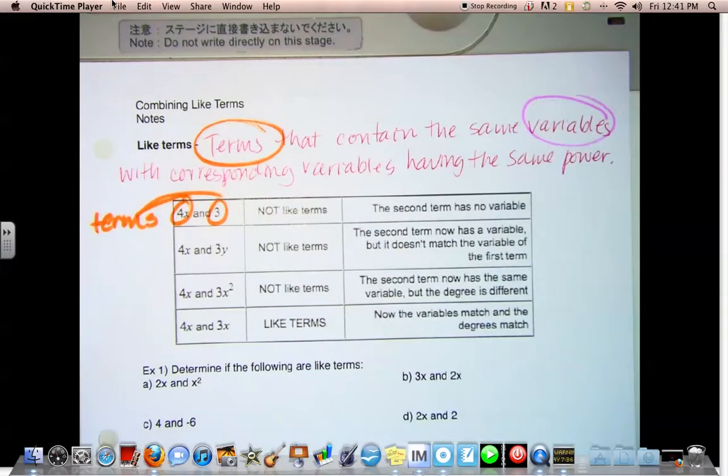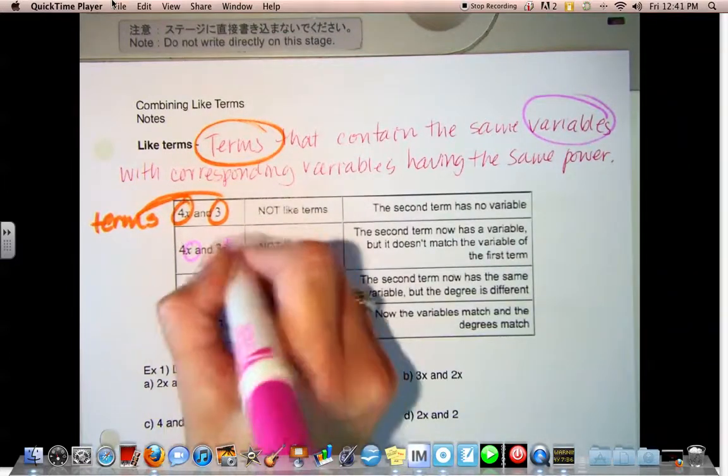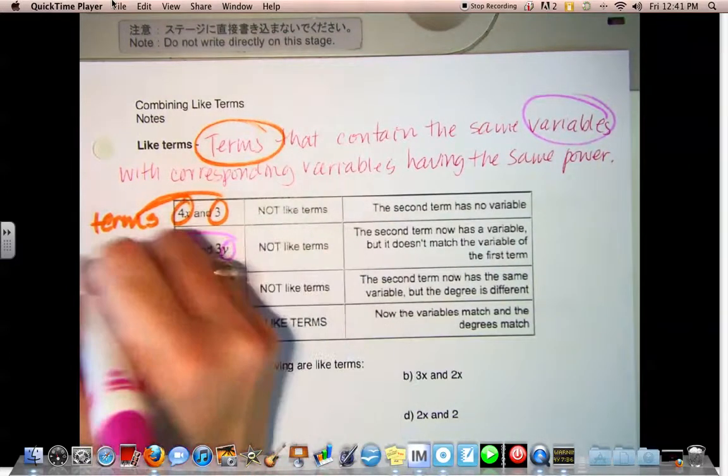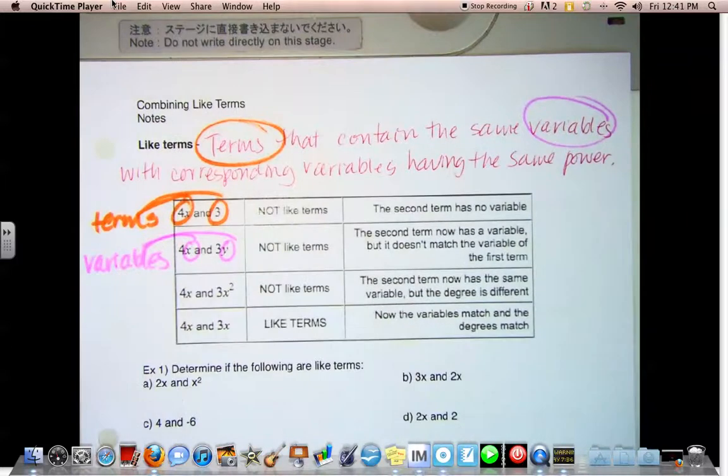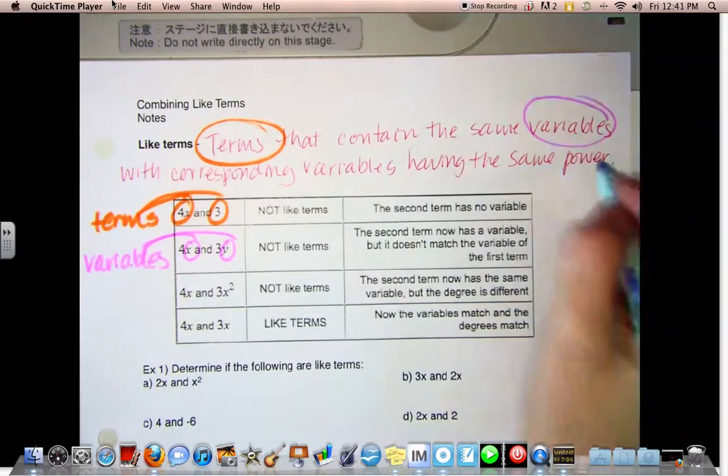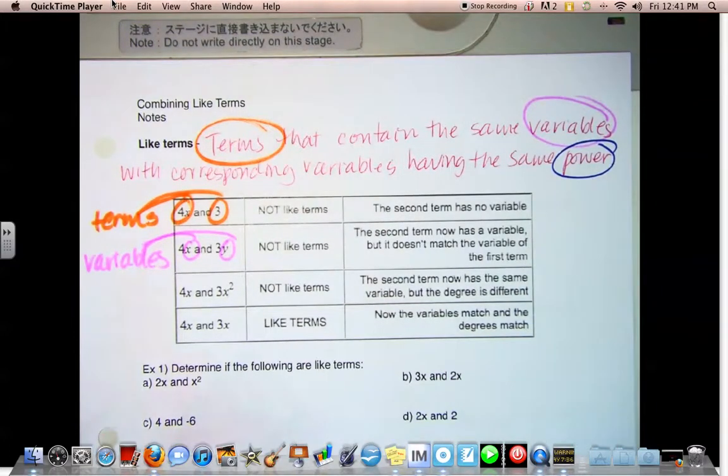What's an example of a variable? A letter. So x and y. Those are both examples of variables. Powers. The two. That's also called the what? Exponent. Very nice. So if something's raised to a power, it has an exponent.